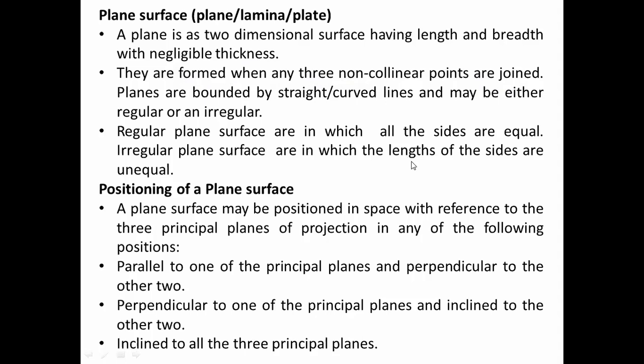What do you mean by collinear points? If any points are in a single line, they are called collinear. So you won't be able to draw a plane out of it. But if they are non-collinear, means one point is here, one point is here, one point is here, then you can draw some plane out of it.